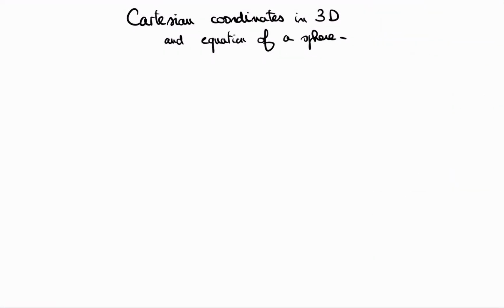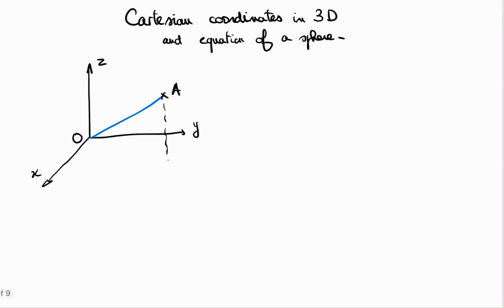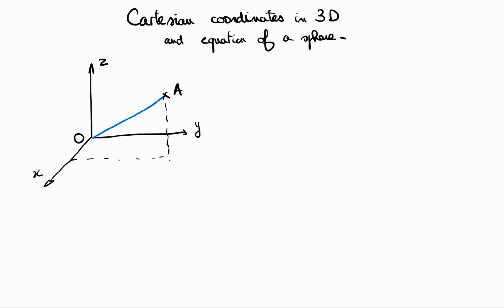There are two parts in this lesson. So, Cartesian coordinates in 3D. So we have a space, x-axis, y-axis, z-axis, and then we have this point here, O, and this point here, A, and we're just going to represent it like that.